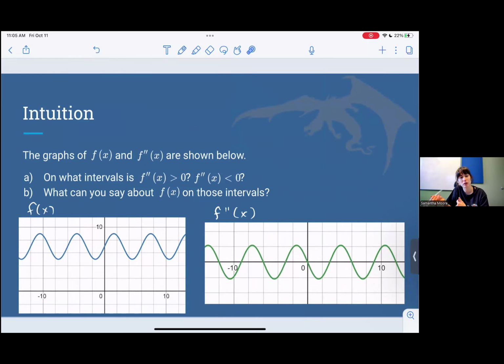When f double prime is positive or when f double prime is negative, what does that seem to be correlating to in the graph of f of x? So go ahead and pause here for a second and try to think about those things, and then I'll pull you back in with the answer.